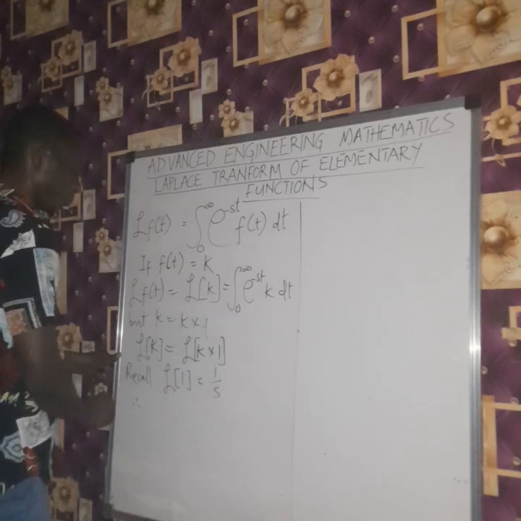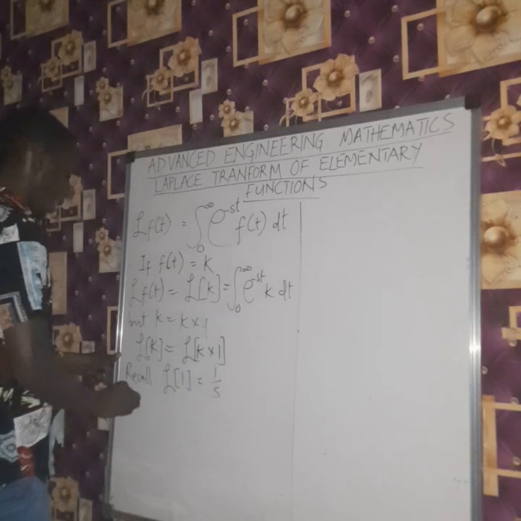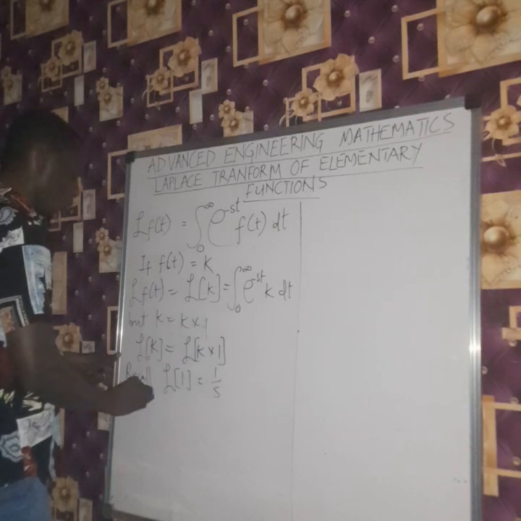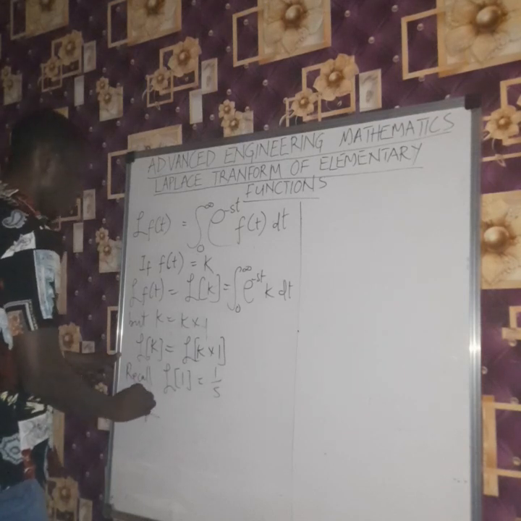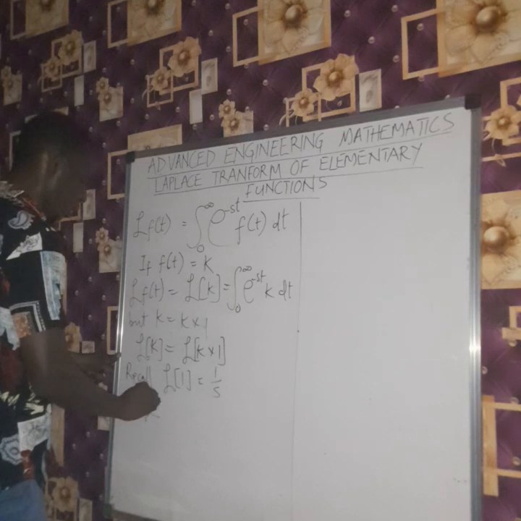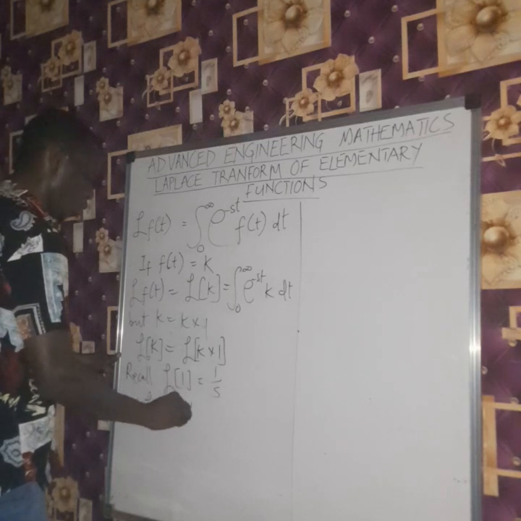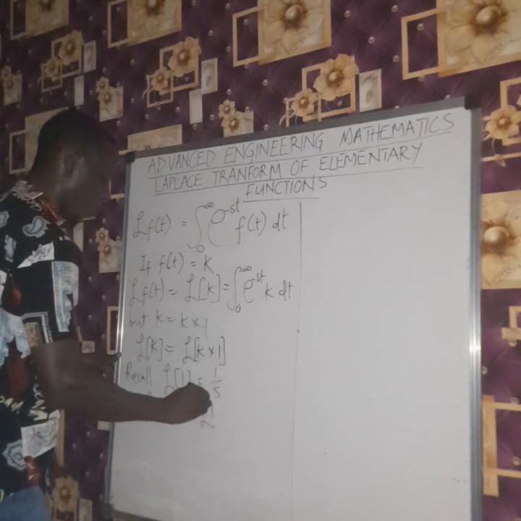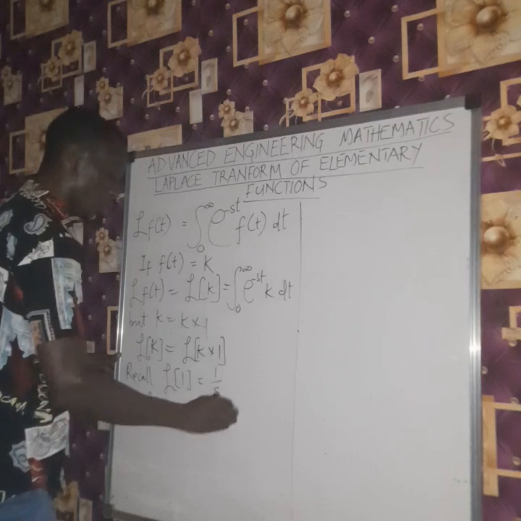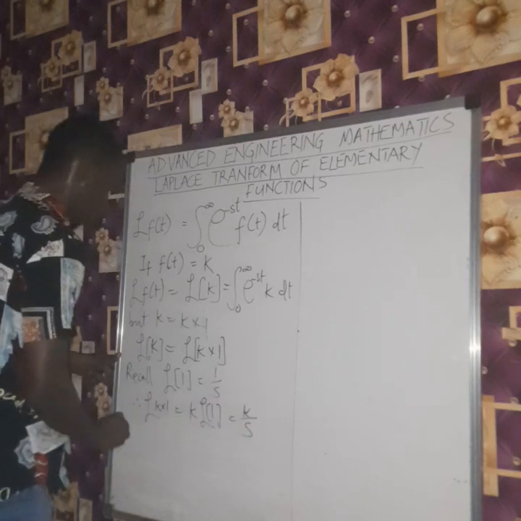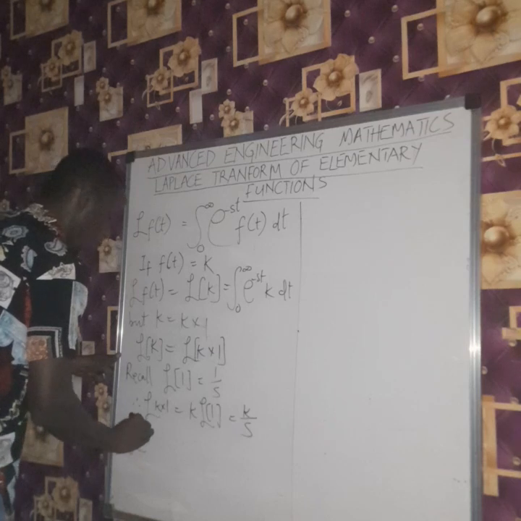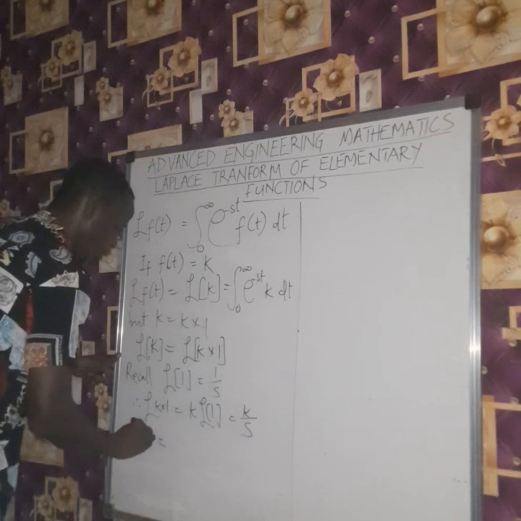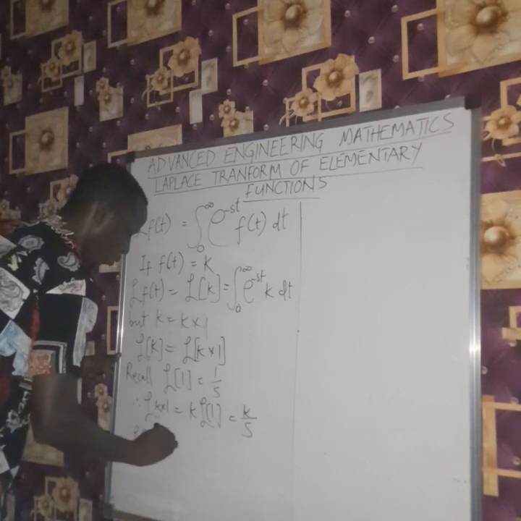Therefore, k is the constant. K is coming out. Laplace of k times 1 equals k Laplace of 1. This is equal to k over s. So we have Laplace of k equals k over s.